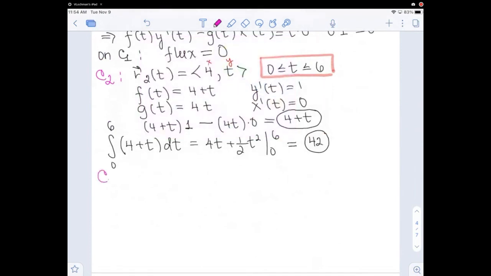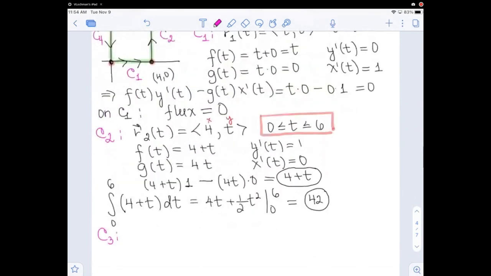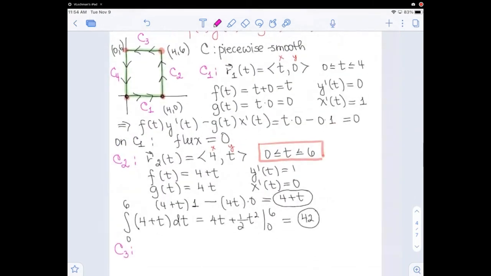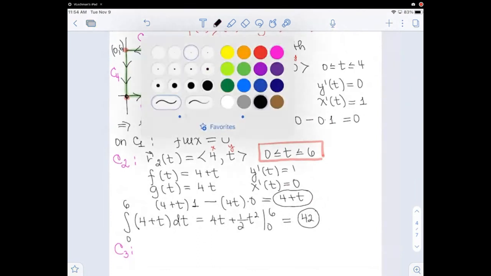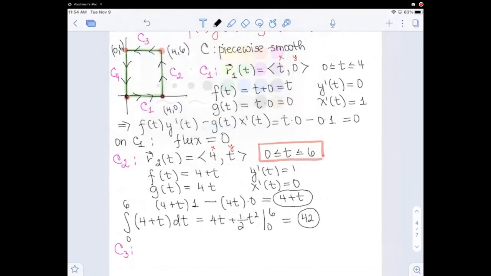All right, C3. What happens on C3? Let's take a look. On C3, the y coordinate is fixed, so y is 6. X is the one that's changing. What is our parameterization going to look like here? It goes from 4 to 0.